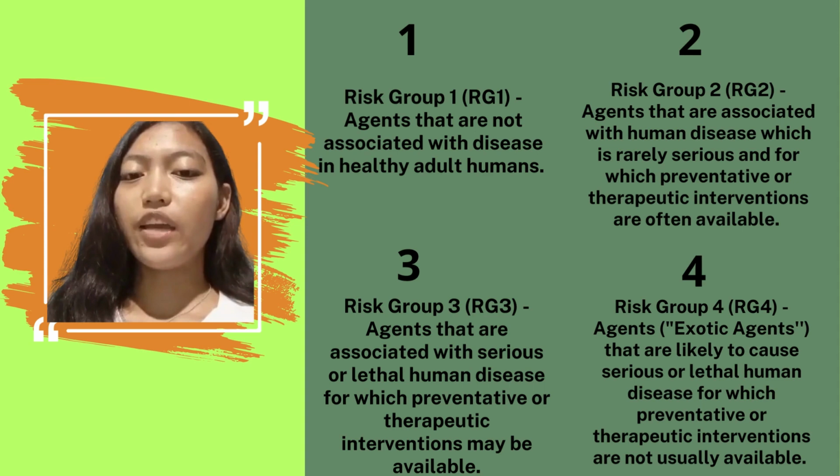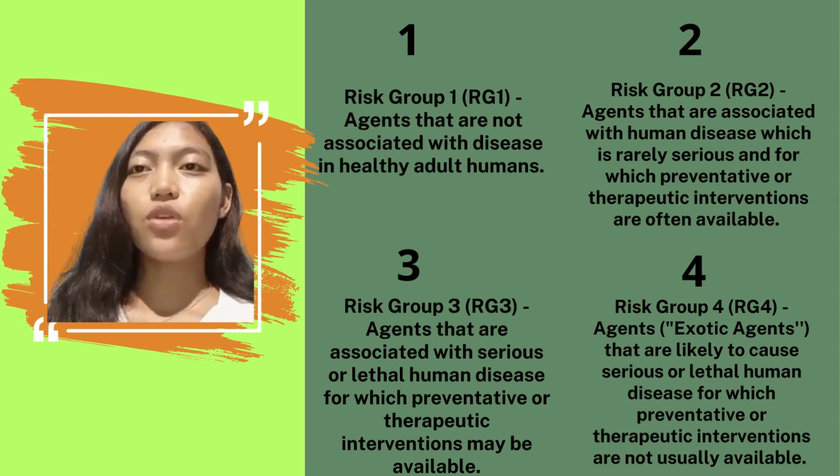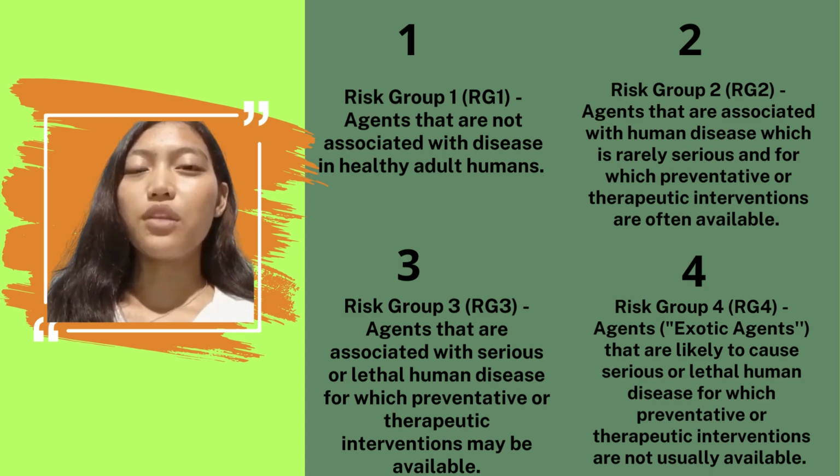Risk Group 3 or RG3. Agents that are associated with serious or lethal human disease, for which preventative or therapeutic interventions may be available. These agents represent a high risk to an individual and a low to moderate risk to the community depending on the pathogen.